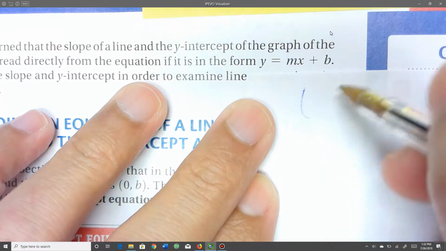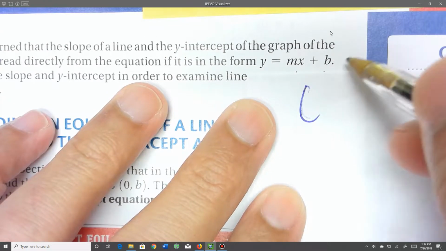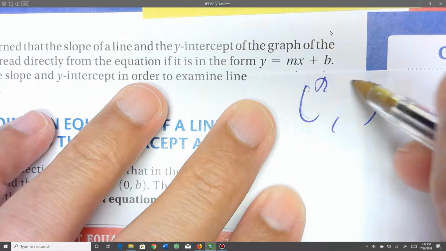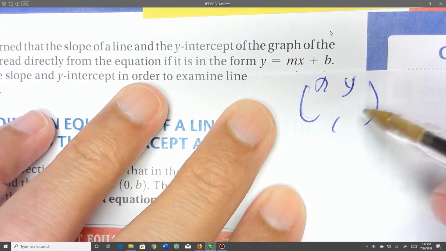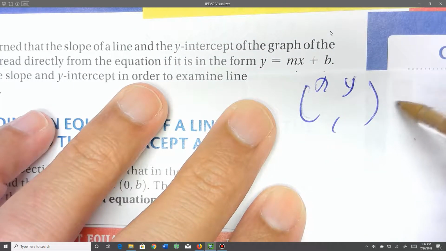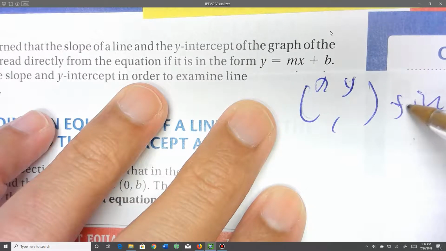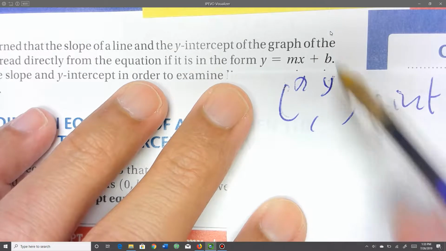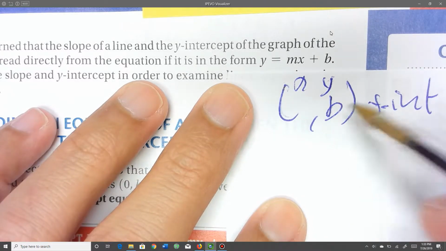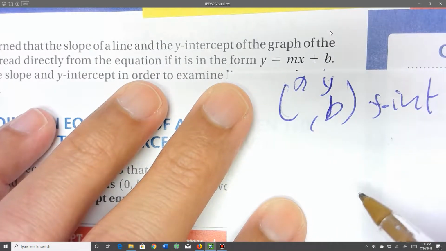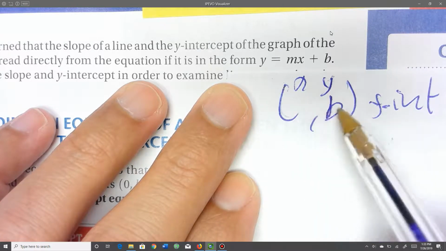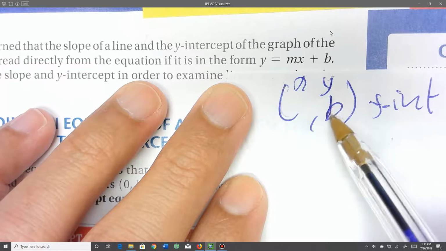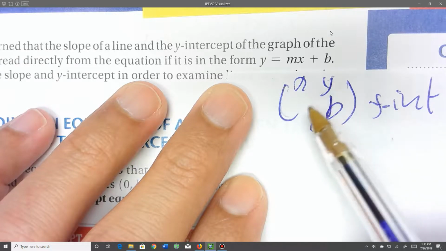That's good. And again, that b tells you the y value, that's x, this is y, of your y-intercept, okay? And this b tells you this y value, okay? It doesn't give you the whole ordered pair, but it gives you the y value of the ordered pair of the y-intercept.